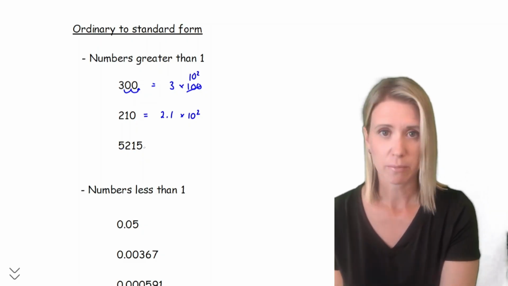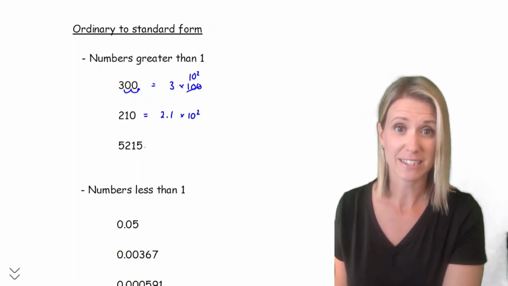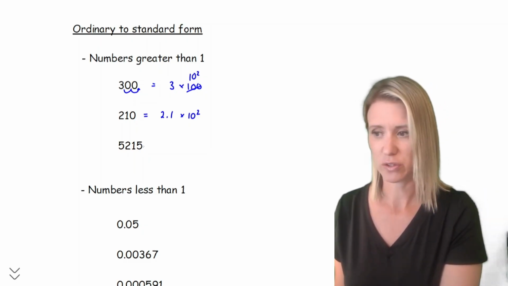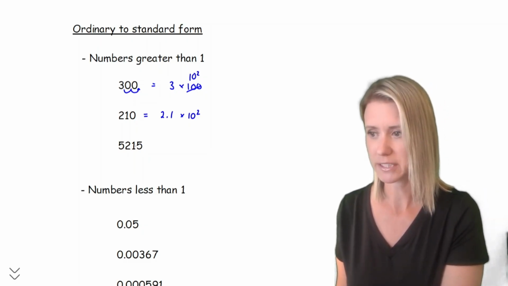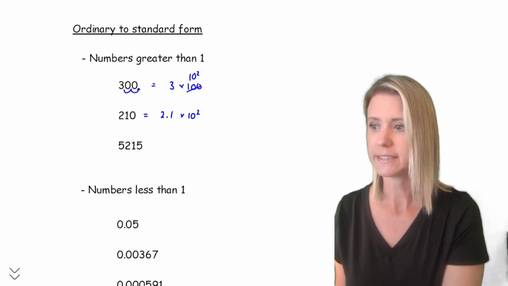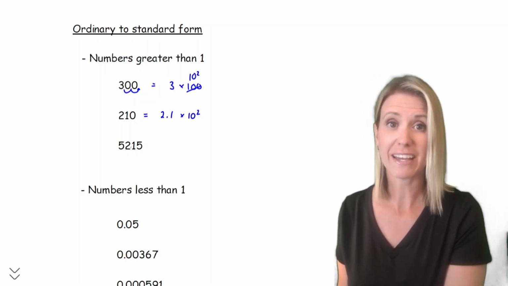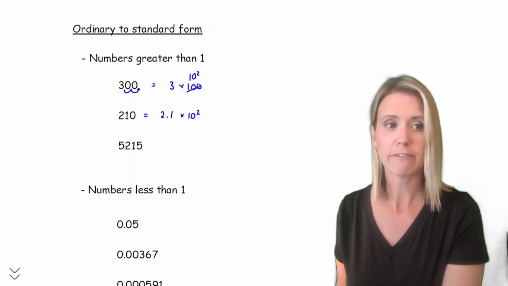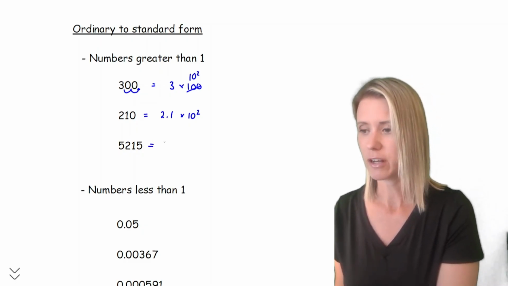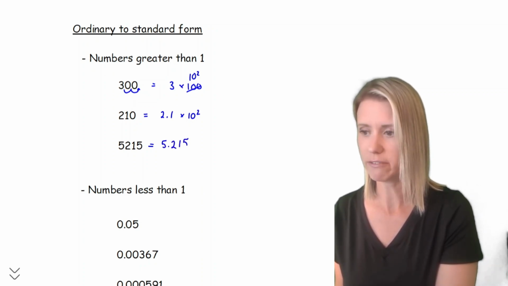5,215, where am I going to put my decimal point to make the number greater than or equal to 1, but less than 10? Well, 5,215 is too big. Let's try putting the decimal point back one place. 521.5, too big. 52.15, it's still too big, so 5.215 is where it's going to be. So we have the number 5.215.